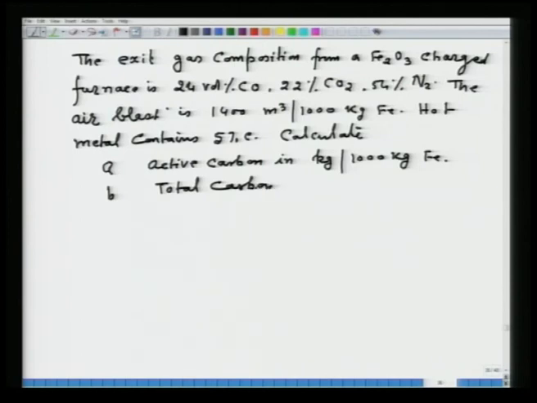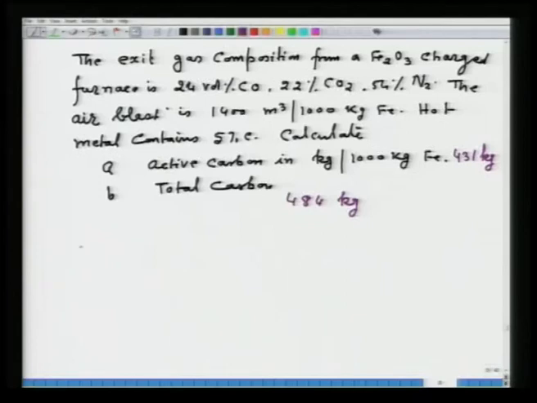You know how to calculate, as I have already described the procedure. The answer would be: total carbon is 484 kg and active carbon is 431 kg. So, with these two problems and the Reed diagram, I have covered sufficient ground.